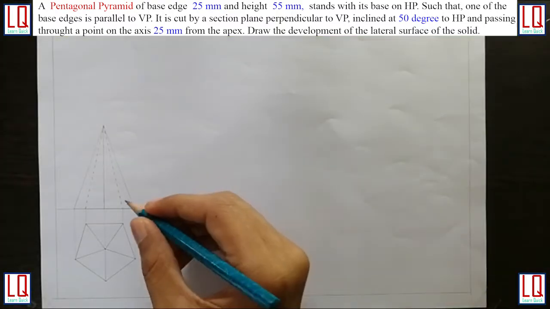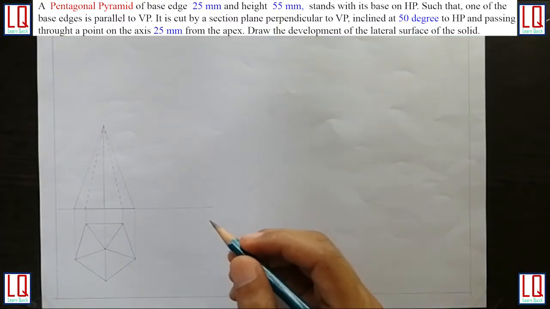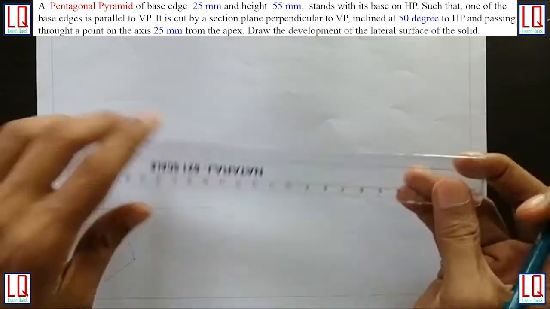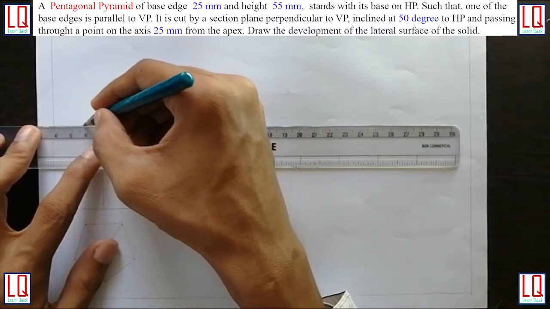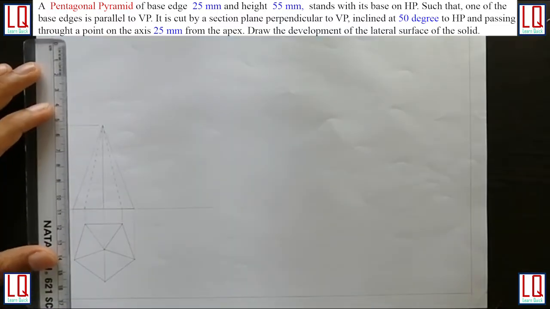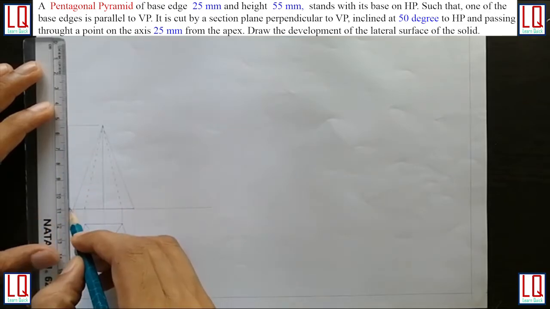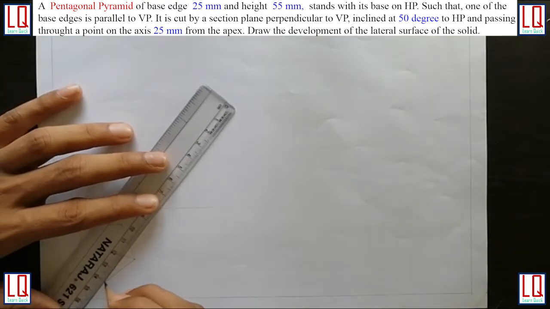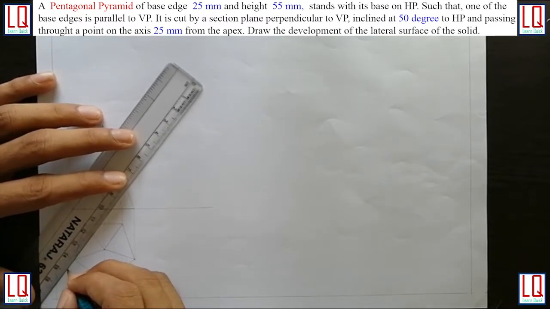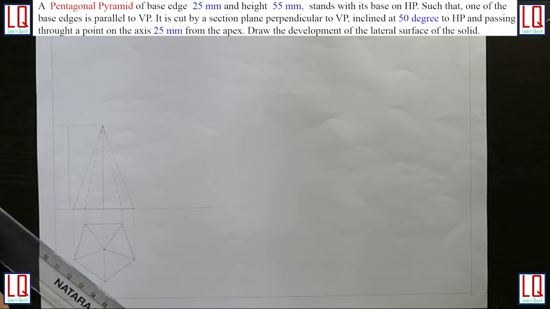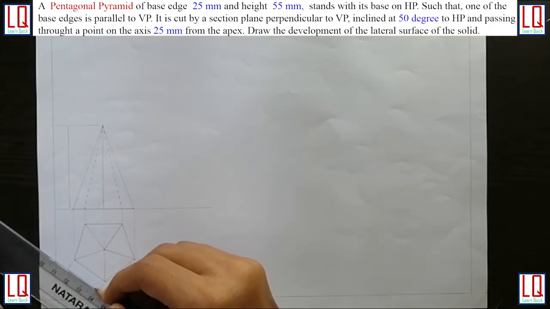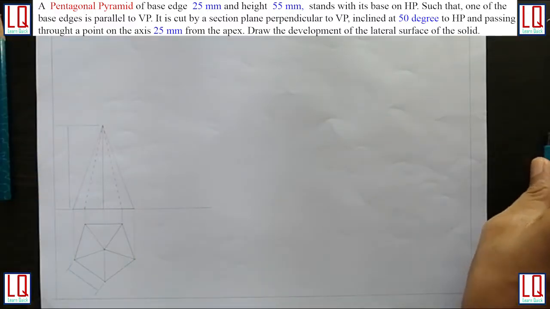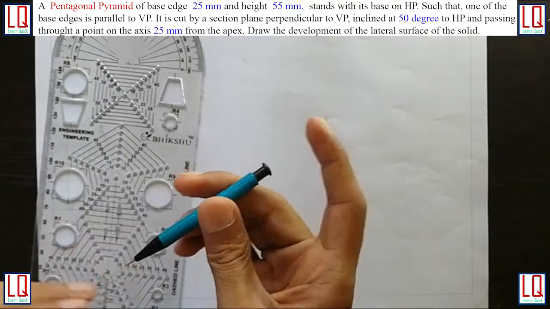So the front view and top view of the pentagonal pyramid have been drawn. Now we will quickly dimension the front view and top view. I am dimensioning the height of the pyramid and the side length of the base. You can use the engineering template to draw the arrowheads.